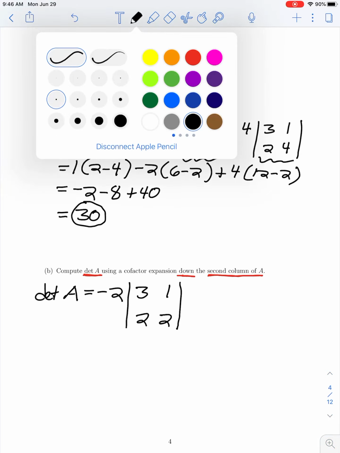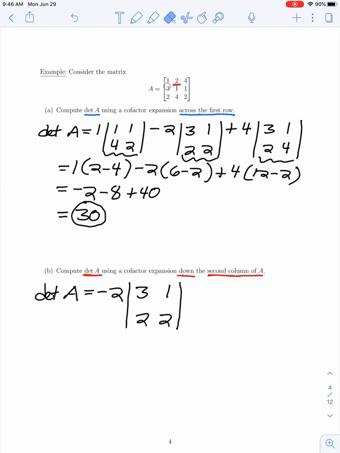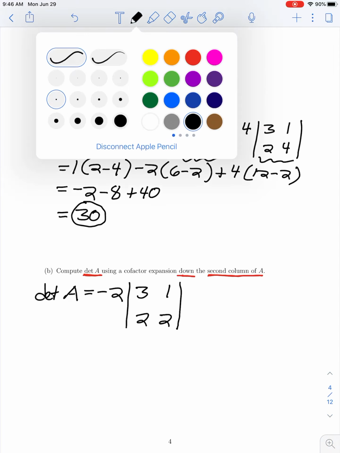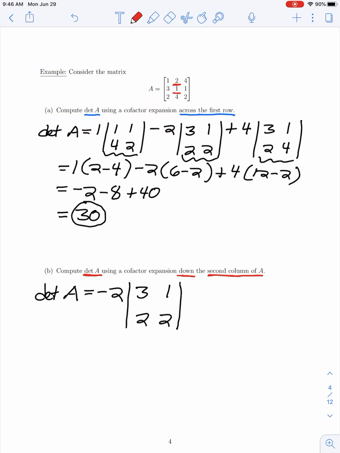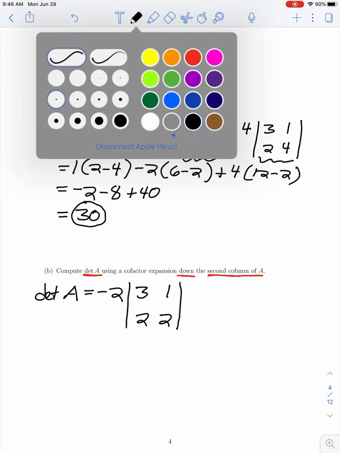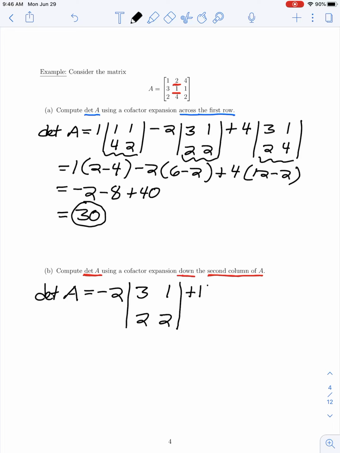And then now moving down my second column, our next entry, we would take a +1 times the determinant of the 2x2 submatrix we get by deleting this second row, second column. That is the entry that the 1 lay in. So we're left with the matrix 1, 4, 2, 2.